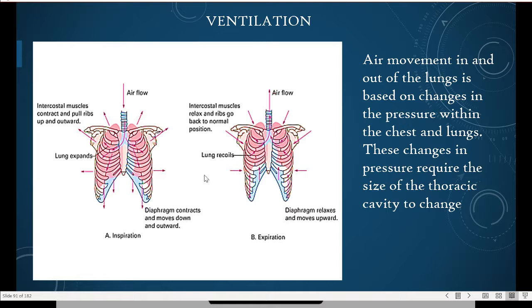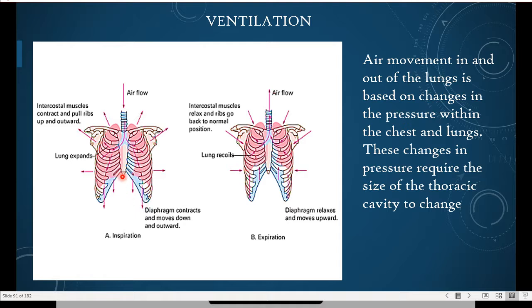And then we talk about ventilation itself, right? In ventilation, we talk about the mechanical process of the diaphragm. And it is a mechanical process, and we talk about those mechanics. Here you have the xiphoid process. Here you have your diaphragm.